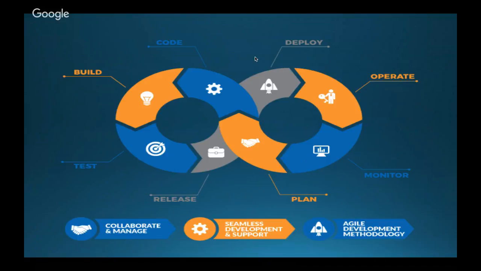And this process of coding, build, testing, release, deployment, operations, monitoring, and planning keeps going in an iterative manner. This is the way they ensure continuous delivery for our users. Whenever a company uses DevOps, this is the way they ensure that all of the users, be they internal or external, get it.